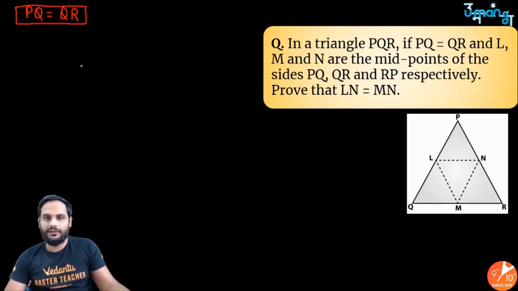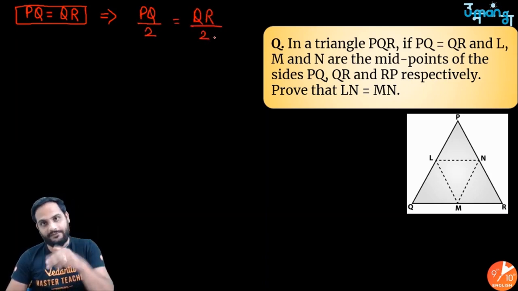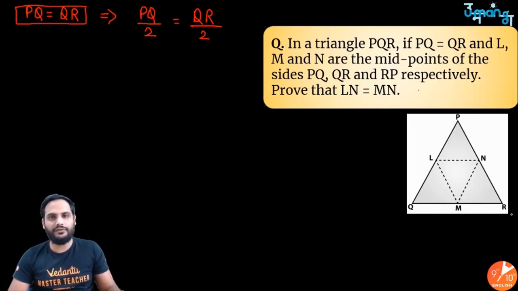So look, if PQ and QR are given equal and L, M and N are the midpoints, I can say half of PQ will also be equal to half of QR. If two quantities are equal, their halves are also equal. Suppose PQ is 10 centimeter, QR is also 10 centimeter.